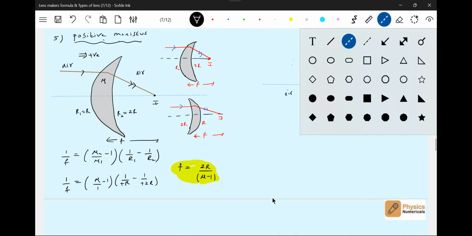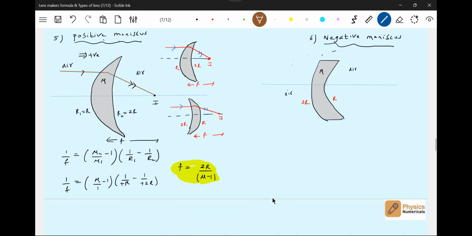The incident ray will first strike this, then after refraction, will diverge from a point. This will be the focal length.